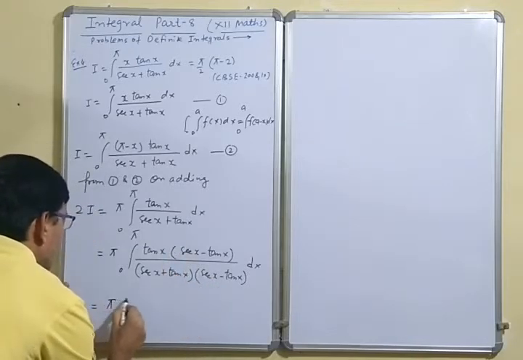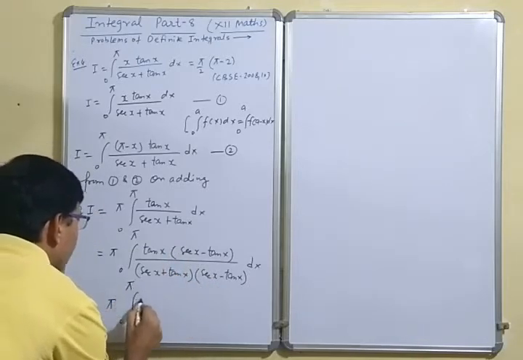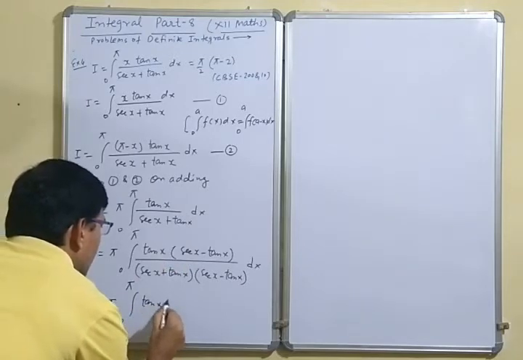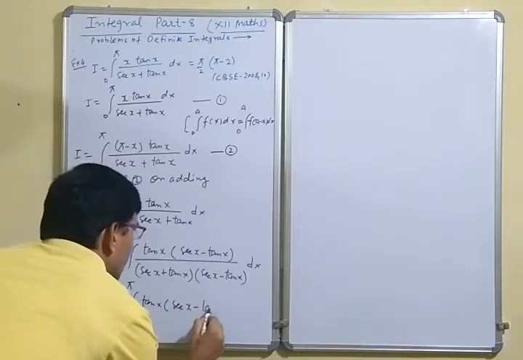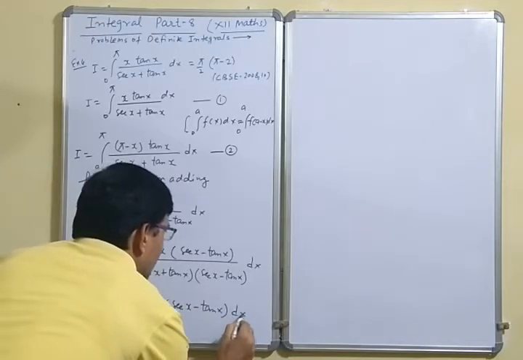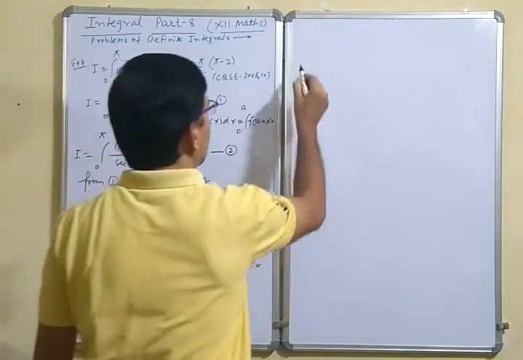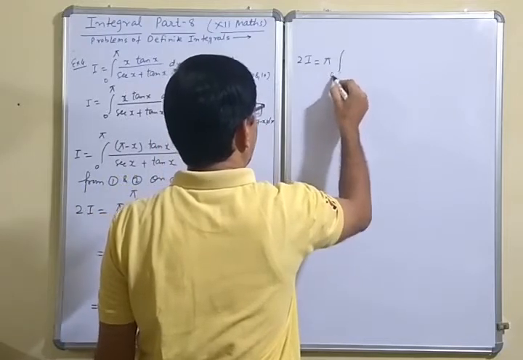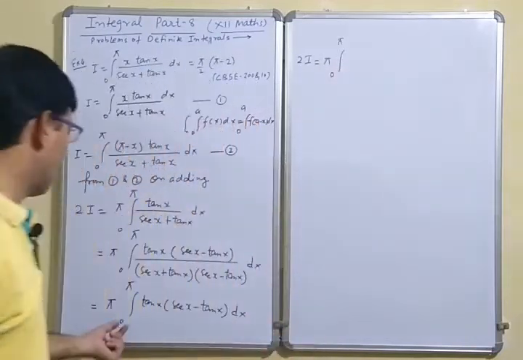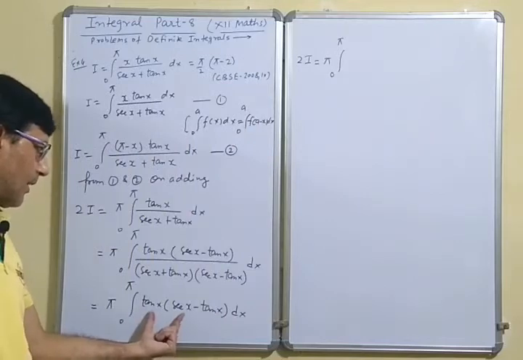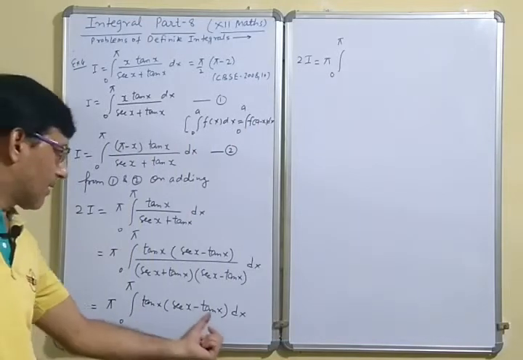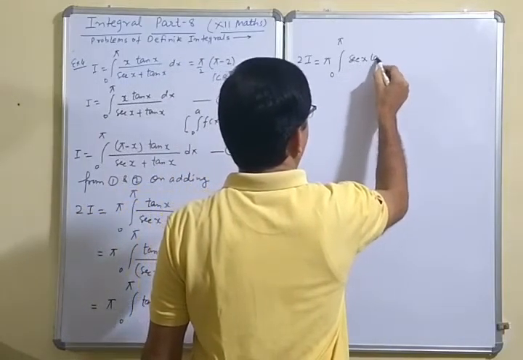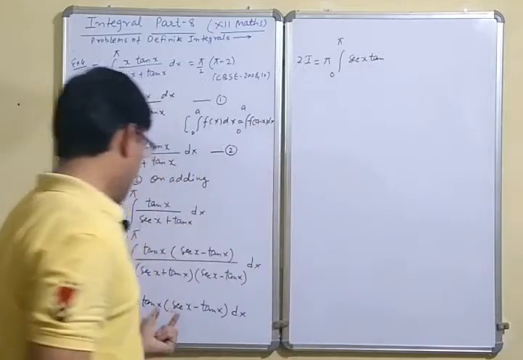So we'll use the identity sec square x minus tan square x is 1. So it becomes pi times integral from 0 to pi of tan x (sec x minus tan x) dx. So 2I becomes pi times integral from 0 to pi of sec x tan x minus tan square x.